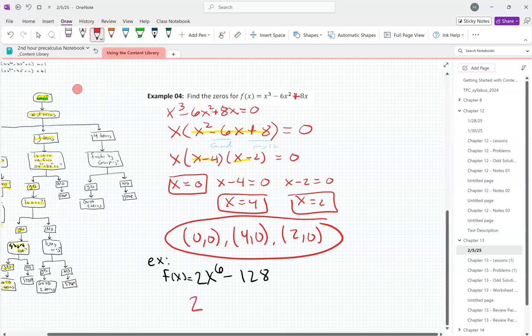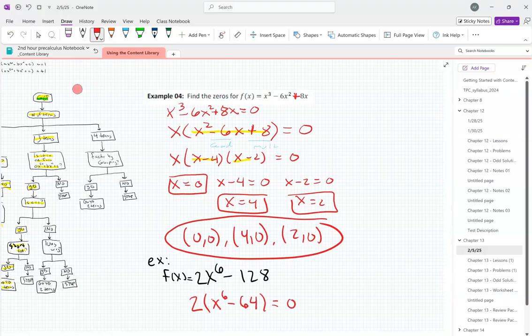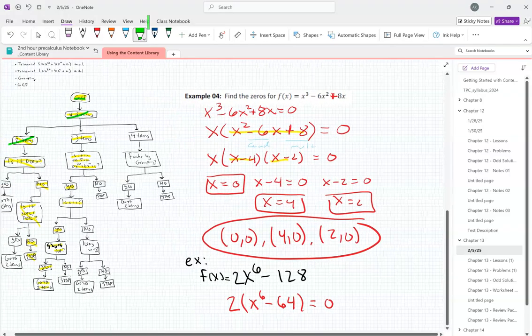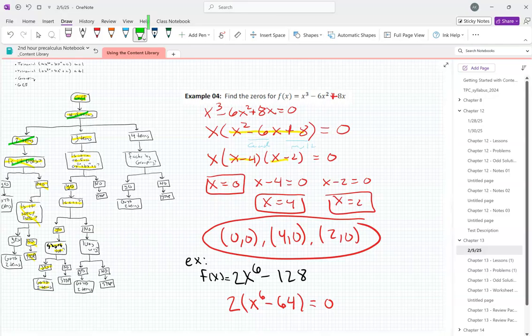Great. So I can take out a greatest common factor of 2. I'll set that equal to 0. Okay. What's the number of terms? 2 terms. Okay. Is it a difference of 2 squares? Yes, it is.